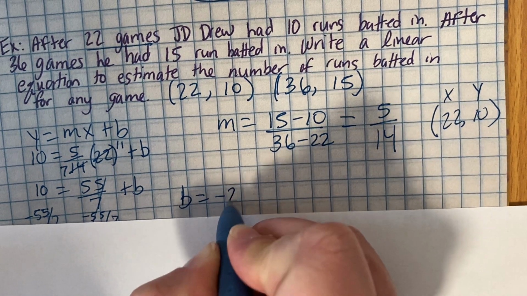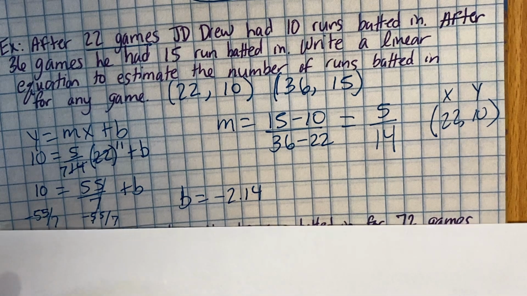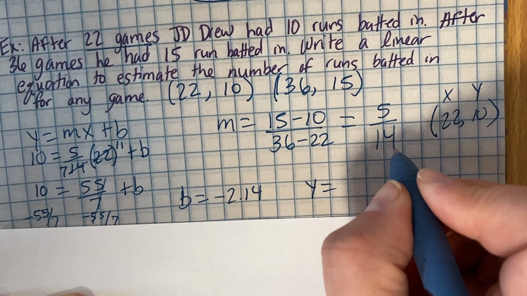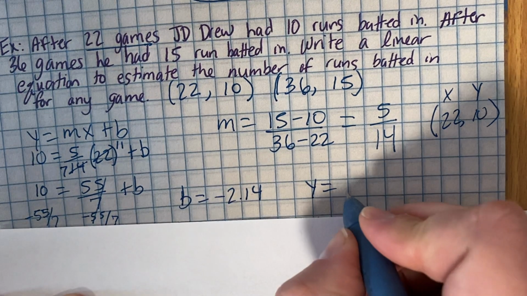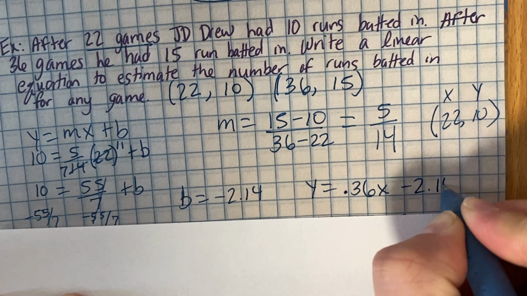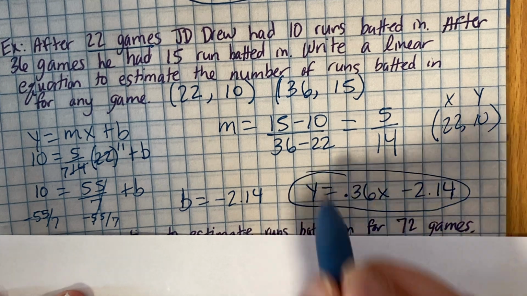So I would have negative 2.14-ish. So that would give me y equals m, which is 5 over 14. I'm going to turn that to a decimal. 0.36x minus 2.14. If you wanted to leave them in fraction form, you could.